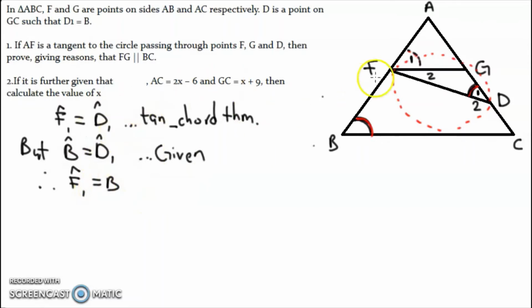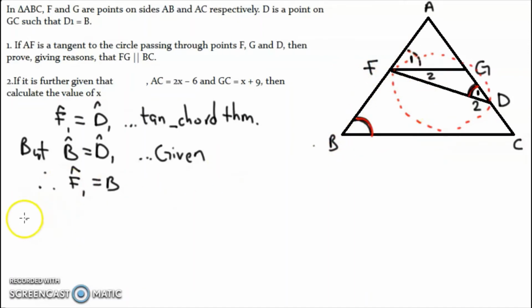And now that F1 is equal to B, it's safe to say that FG is parallel to BC, because these two angles are corresponding angles, and corresponding angles equal is one of the necessary conditions that permit us to say FG and BC are parallel.